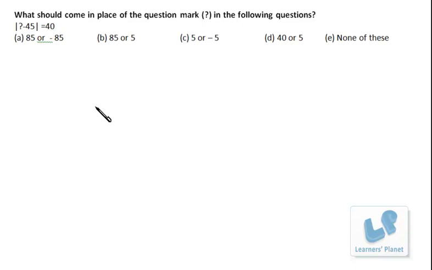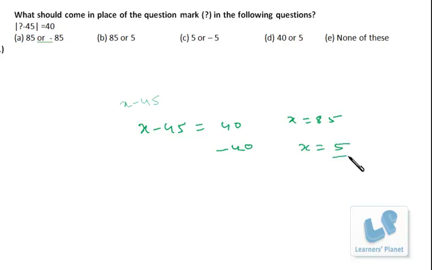That means x minus 45 should be either plus 40 or minus 40. If x minus 45 is positive 40, that means x is 85. And if x minus 45 is minus 40, that means x is equal to 5. So x can be either 85 or 5. So this is the correct option.